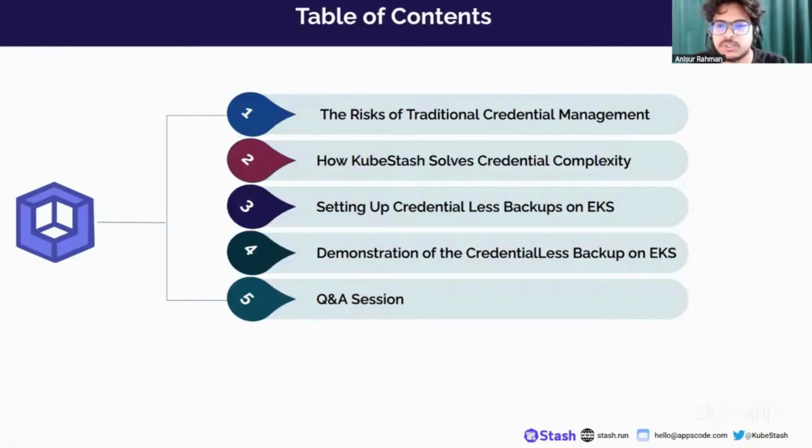Today we'll talk only about the Amazon EKS cluster. Then I will discuss setting up credentialless backup on EKS. After that, I will show a demonstration of credentialless backup on an EKS cluster. And finally, there will be a question and answer session.